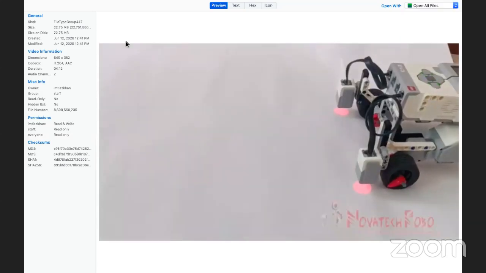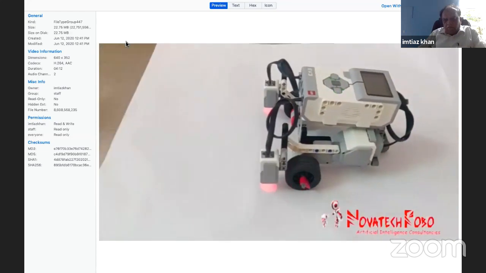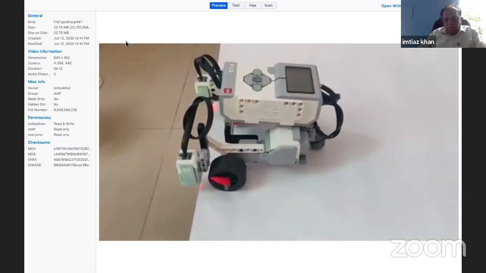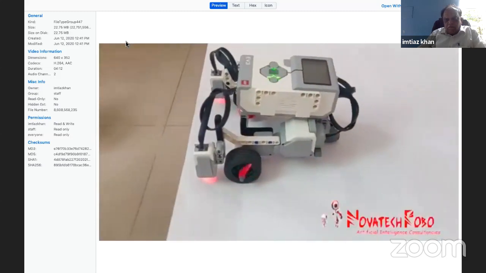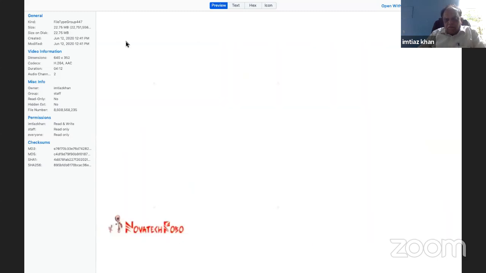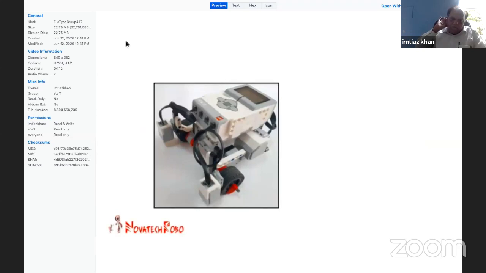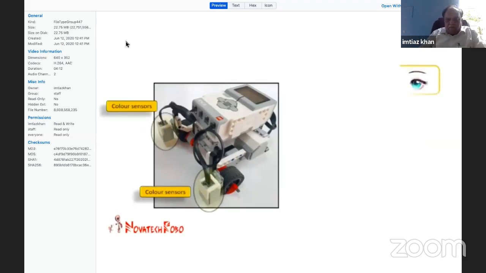In this video, the robot moves forward and stops when it sees the edges. Now we relate this robot to a human. These color sensors work as human eyes.